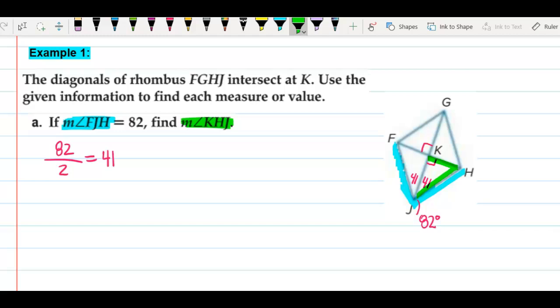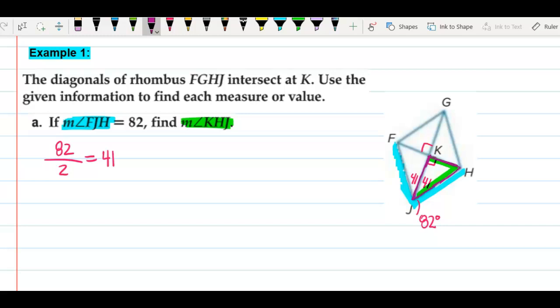I've seen this solved a few different ways. Somebody thinks of a new way every year. The way that I would think about this, from what we have labeled, is to focus specifically on this triangle, JKH.